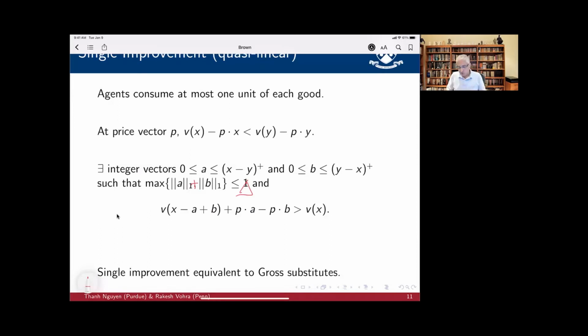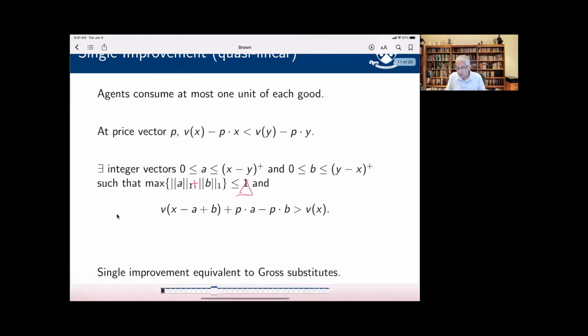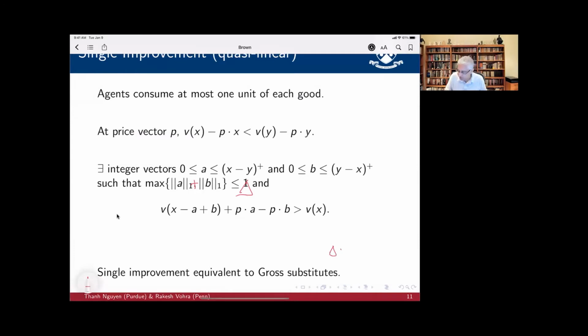And now the answer to your question, Naomi: in the paper by Gul and Stacchetti, they showed that single improvement was equivalent to gross substitutes. So yes, there is a relationship between delta substitutes and gross substitutes. Gross substitutes is a special case of delta substitutes when delta is equal to 2.